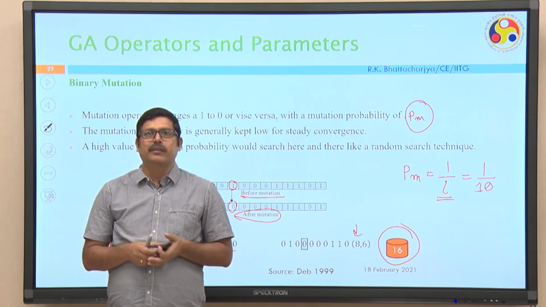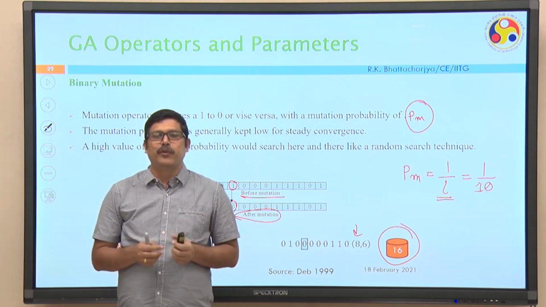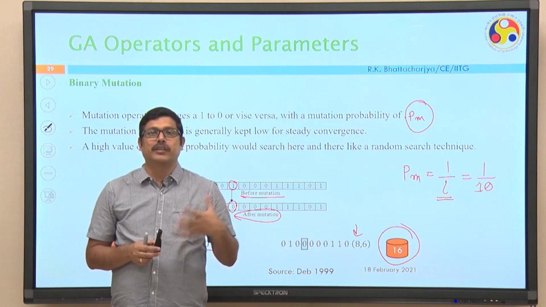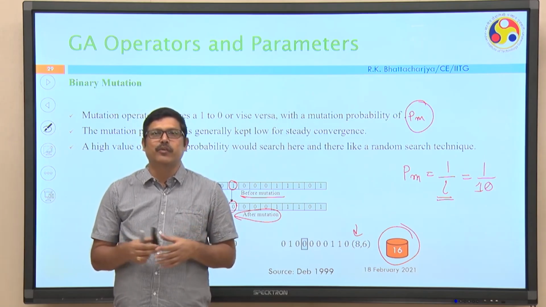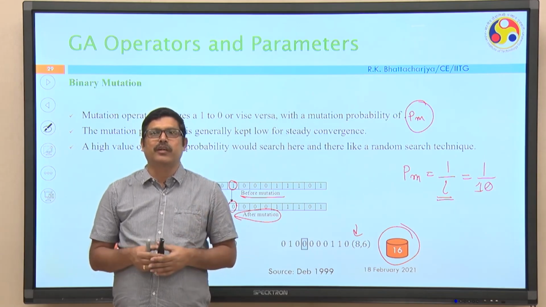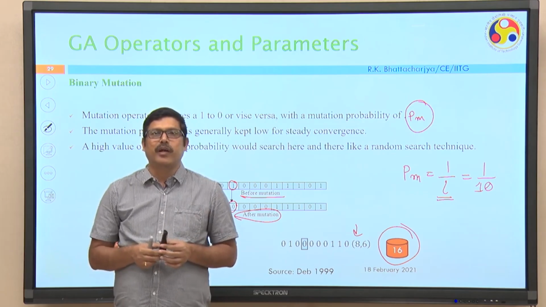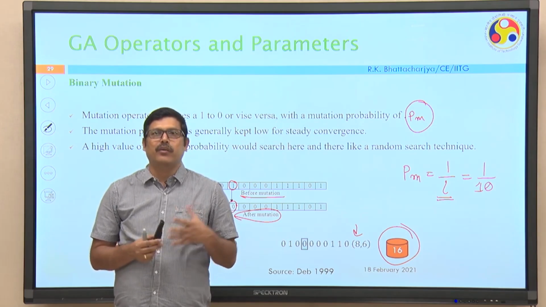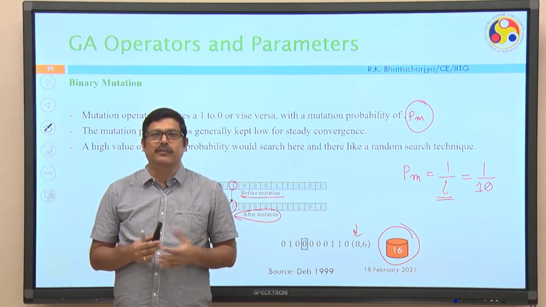Then we have seen mutation. So, what is mutation doing? The mutation operator can explore the unexplored region of the search space. Okay. So, if there is any better solution in some other region, you can explore it using mutation. But you have to use it in a controlled manner. So, mutation probability should be very low and crossover probability should be large.